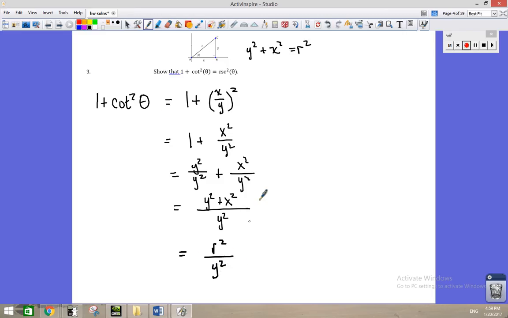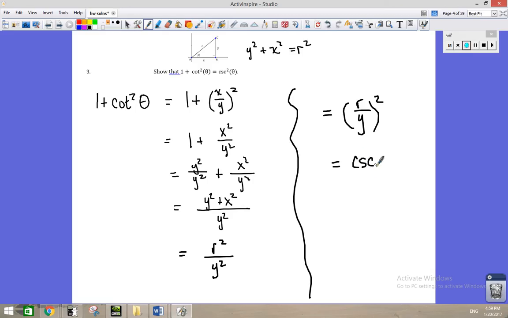And let's continue over here. I can write this fraction as r over y quantity squared. And I know that r over y is the definition of cosecant of theta. That's how we define this ratio. And when we have these exponents, we write it as cosecant squared of theta.